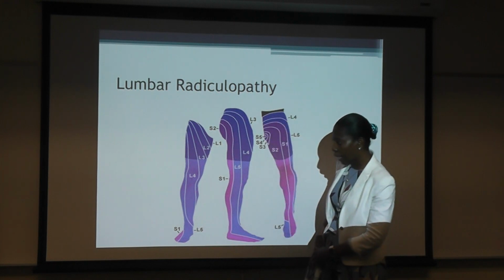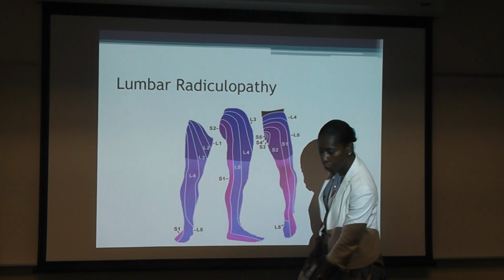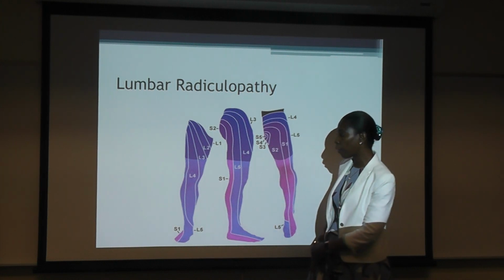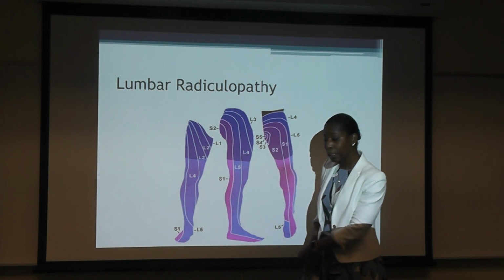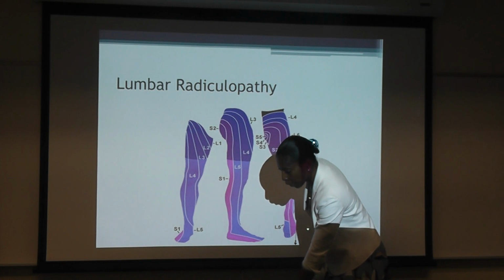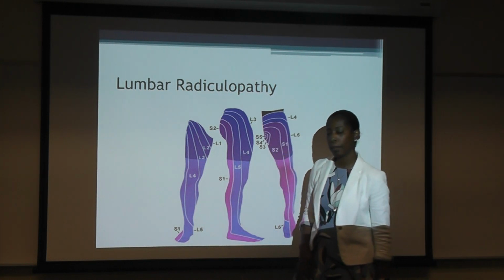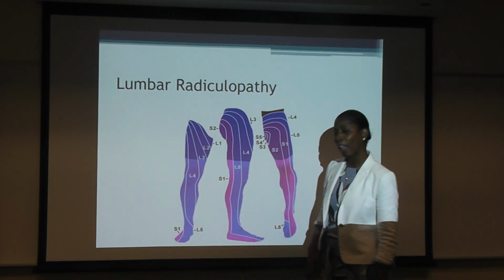L3 is going to come down on your anterior thigh and come almost on the inner thigh area. L4 is going to come down on your anterior thigh, doesn't go out all the way lateral, comes down above the knee and kind of stops a little bit below the knee area.